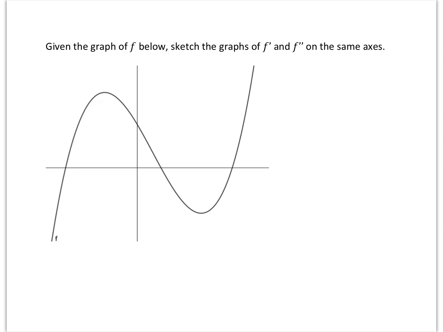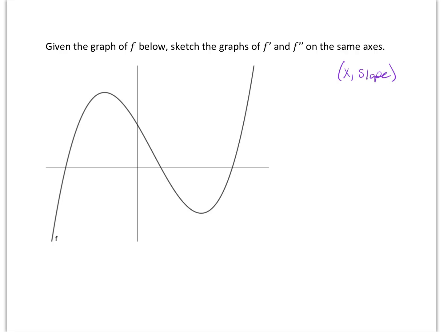Given the graph of f below, sketch the graphs of f prime and f double prime on the same axes. Okay, so this is the graph of f. Remember, to sketch a derivative, we are graphing points that have the format x, comma, slope. So it's going to have the same x values. f prime will have the same x values as f, but the y values of f prime are actually the slopes of f.